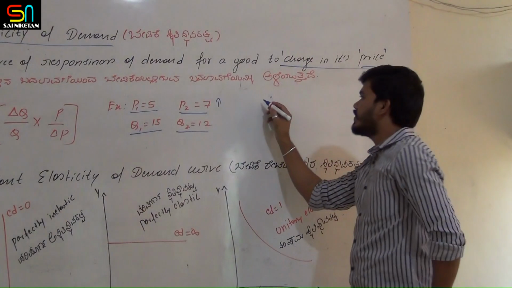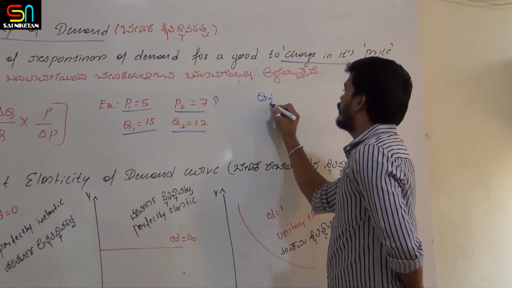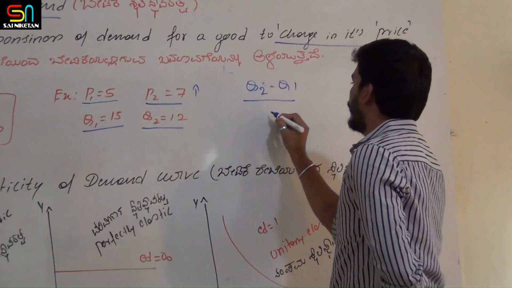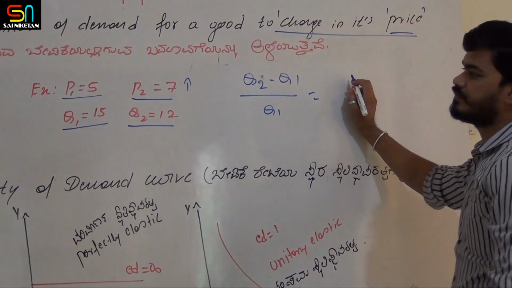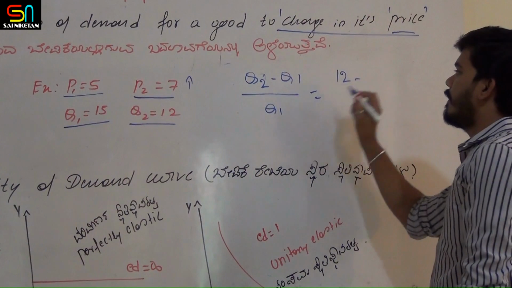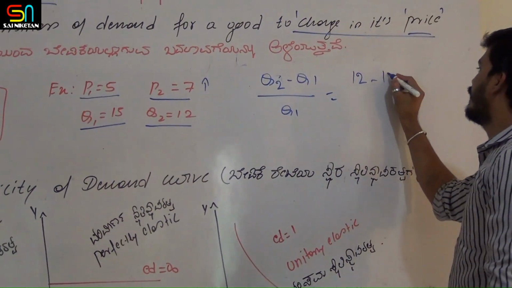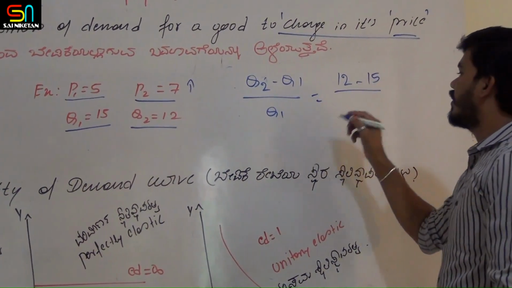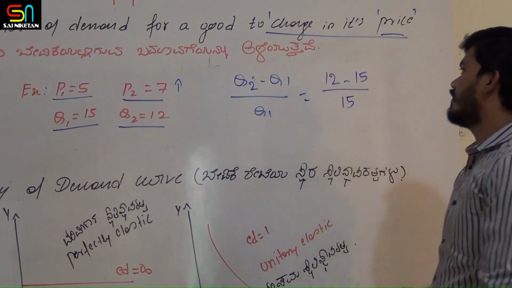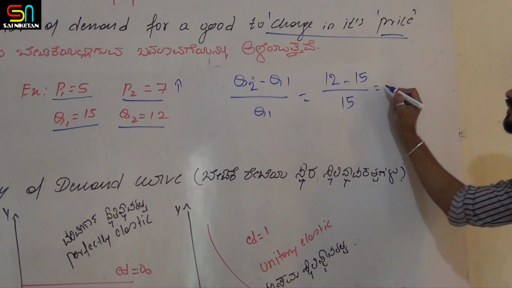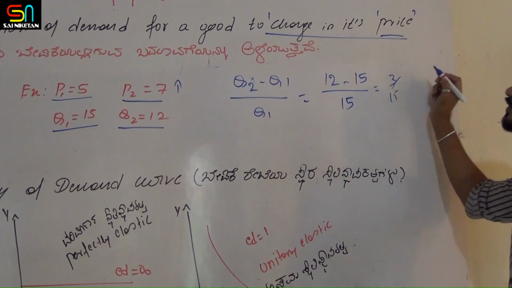For the change in Q, it is Q2 minus Q1 divided by Q1. What is your Q2 here? 12 minus Q1, 15, divided by again Q1, which is 15. So if you substitute, it will be 3 divided by 15 into 100.